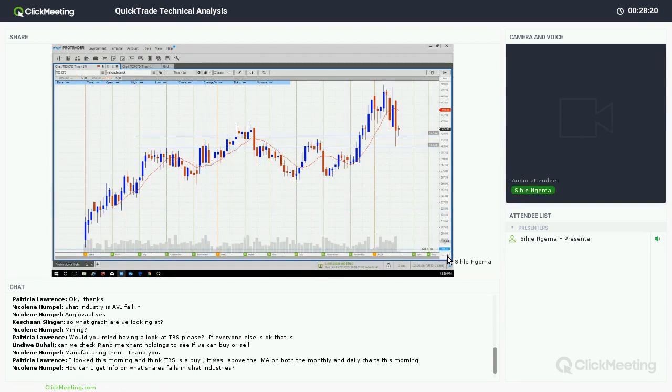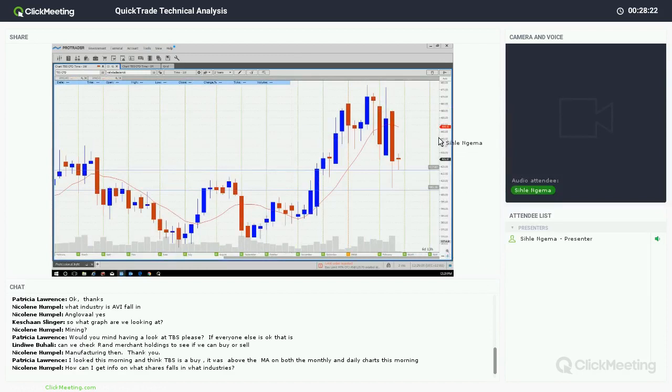Guys, TBS to me does not really look like a buy, for two reasons. Here we crossed and closed below the moving average on the weekly chart. I'm not going to count this one, it was just one week. It was above, and this week again we're down. And right now we are just above our 417.